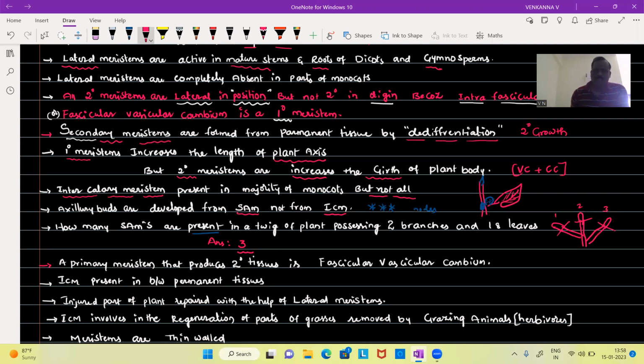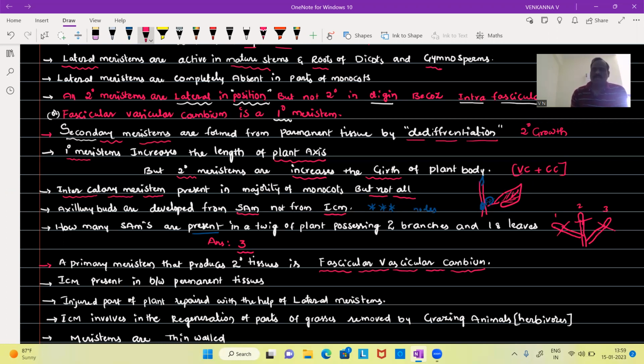A primary meristem that produces secondary tissues is fascicular cambium. You know the other name of fascicular cambium is intrafascicular cambium.